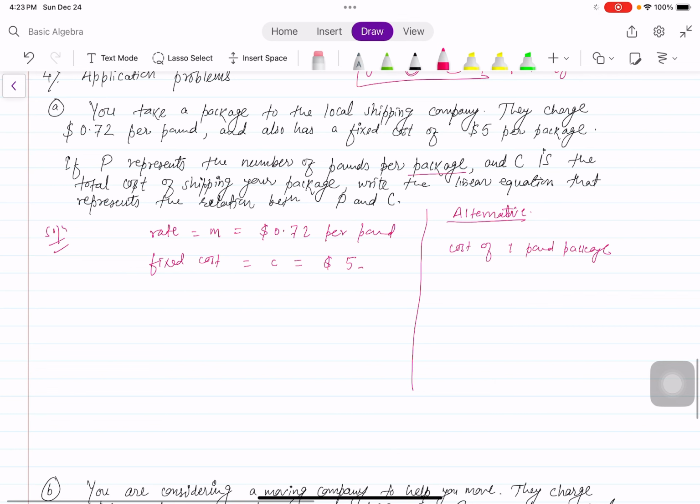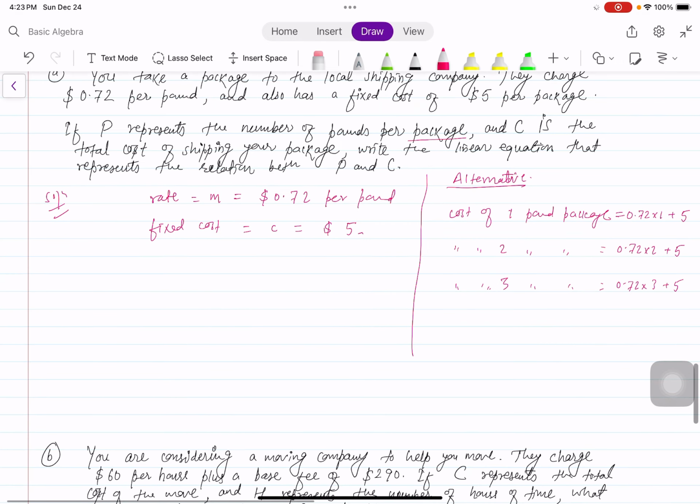If this is 1 pound, it is 0.72 plus $5, correct? And what will be the cost of a 2 pound package? This is the rate and the price is fixed. Similarly, a 3 pound package will be 0.72 times 3 plus 5.